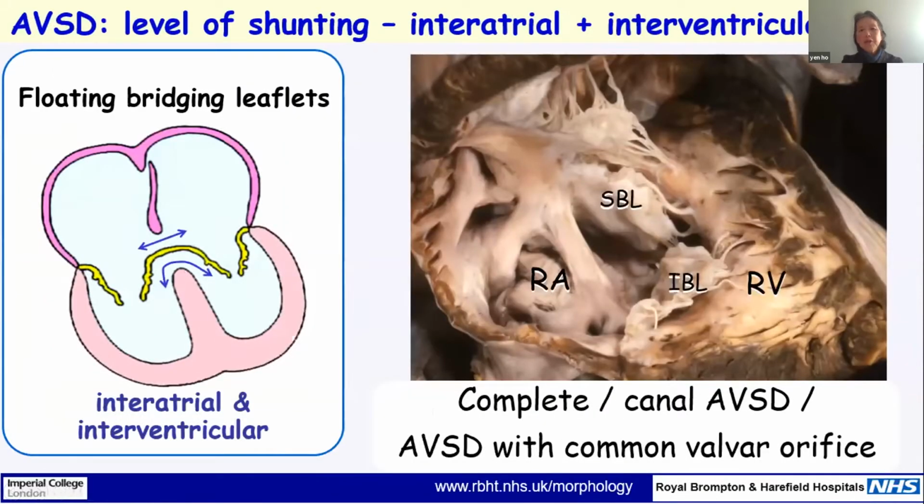Versus this variant, whereby superior and inferior bridging leaflets are not plastered to the crest of the ventricular septum and are not joined together. Instead, you have some sort of flow, an interventricular communication underneath both superior and inferior bridging leaflets. And also you have a communication above the atrial surface of the leaflets, giving both interatrial and interventricular components to the defect.